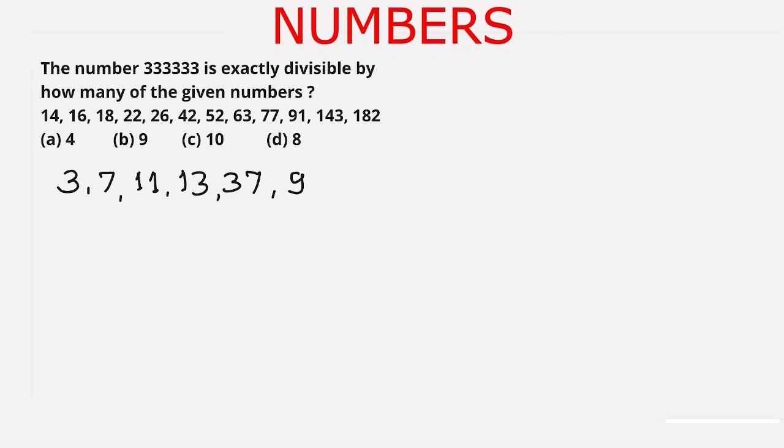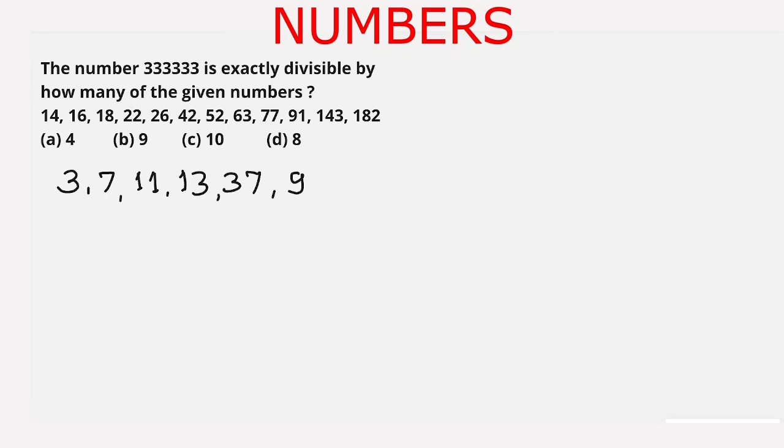So the first number is 14, as the given number is an odd number and 14 is an even number, it will not be divisible. So this will not be divisible by 16 for the same reason. It is not divisible by 18. It will not be divisible by 22. It will not be divisible by 26. It will not be divisible by 42. Again, it will not be divisible by 52.